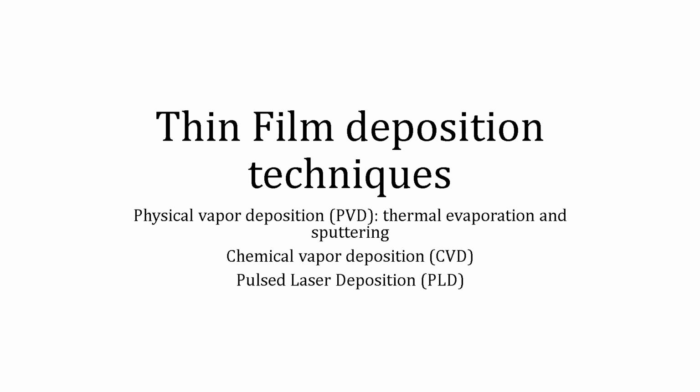Typically, for fabrication processes, people use physical vapor deposition, thermal evaporation, and sputtering to deposit electrodes, to deposit metals for different reasons. And then chemical vapor deposition to deposit silicon nitrides and oxides like titania.